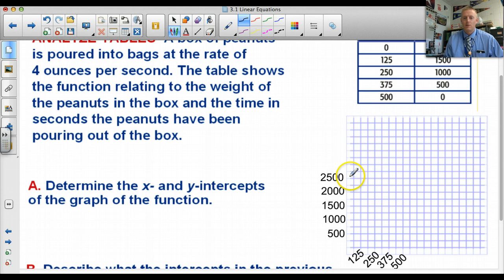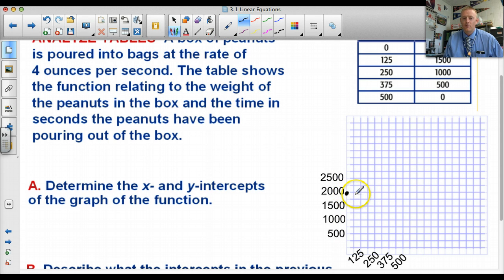So at 0 seconds we're at 2000, which is right here. Let me erase to make this look better. Alright, now we're good again. So at 0 seconds, right here, we have 2,000 ounces.